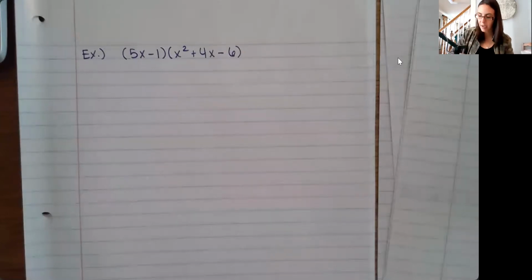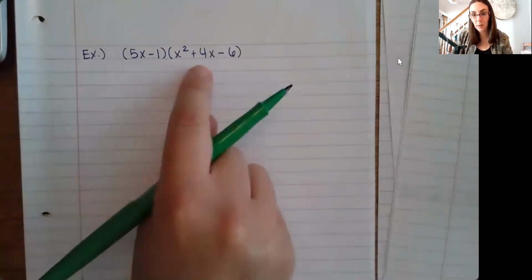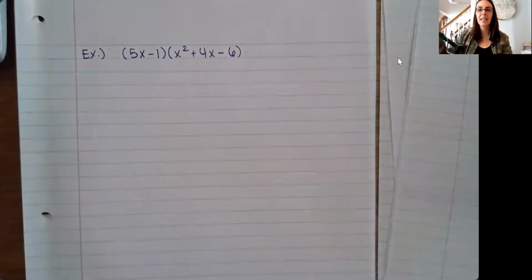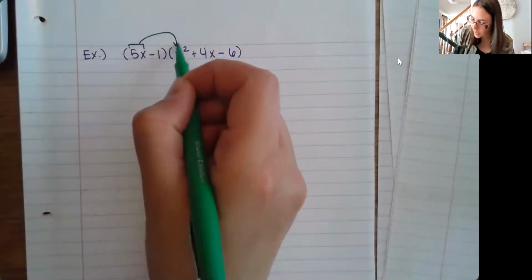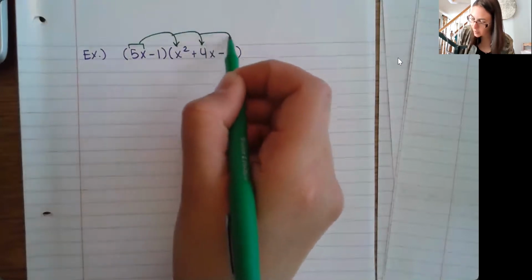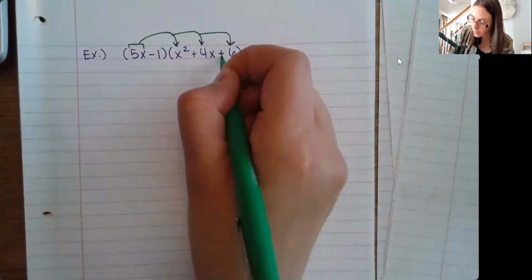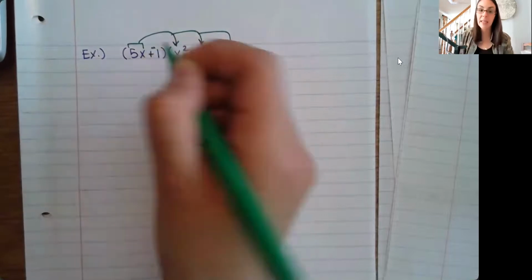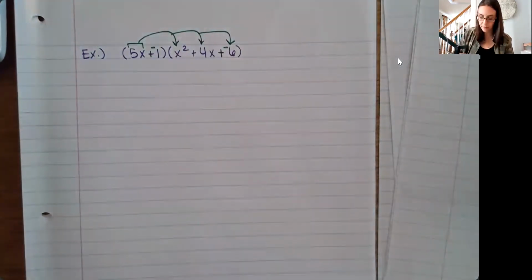I'm going to start by, again, noting I have a binomial and a trinomial. So we're just extending those ideas of distributing, or FOIL even, further. I'm going to start with the 5x and make sure that it gets distributed to every single term in the second polynomial. I'm also going to change over my signs here because it will make it easier for me to keep track of that negative.